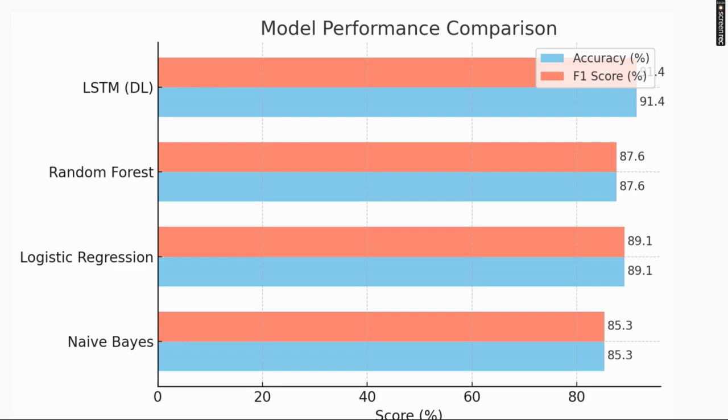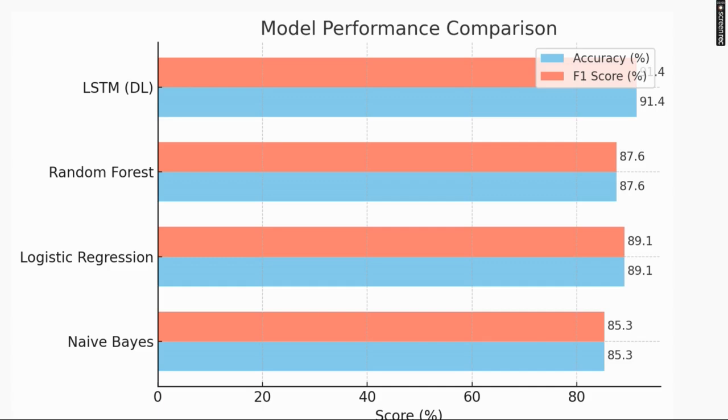Now, as we have used various models, let us see how each model performed; we will calculate accuracy and the F1 score. As you can see in the bar graph, accuracy is labeled in blue and F1 score is labeled in red. The LSTM model outperformed all others with a 91.4% accuracy and 0.914 F1 score.